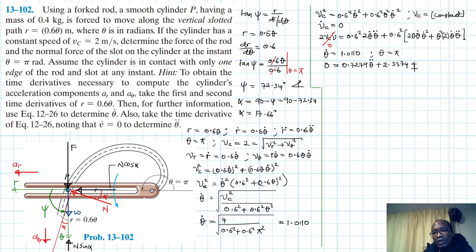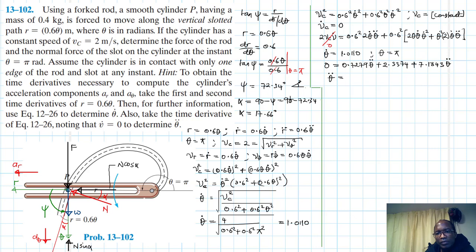Okay, then plus there we have 0.6 squared by 2 by pi squared by 1.011. Okay, this just becomes 7.1843 theta double dot.